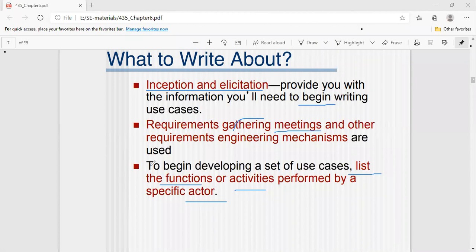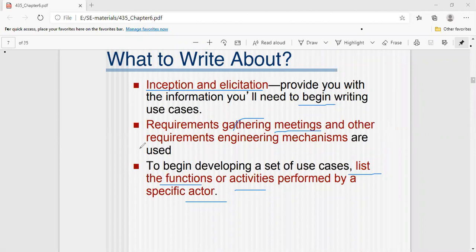That may be a customer, a technician, and some other people related to that particular ATM. Anybody can interact with that ATM, isn't it? So all these members are the actors here. So you should list out the functions of individual actors. List out the functions or activities of individual actors towards our project or app, isn't it?